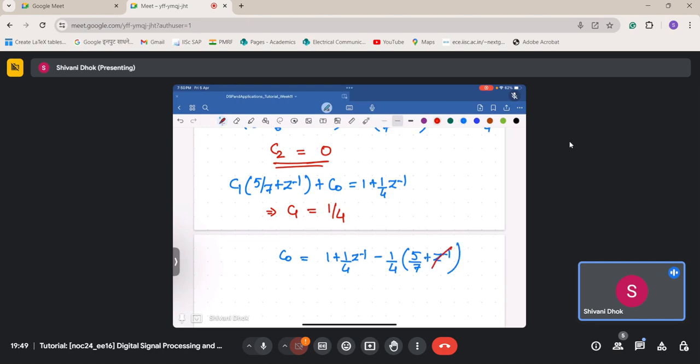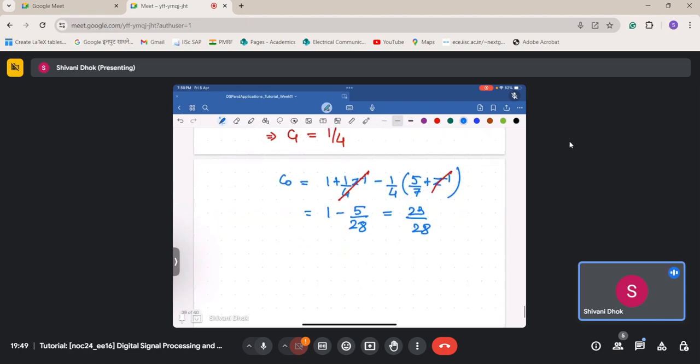The z inverse term gets cancelled, and we are left with 1 minus 5 by 28, which comes out to be 23 by 28. So what do we have? We have c0 as 23 by 28, c1 as 1 by 4, and c2 as 0.